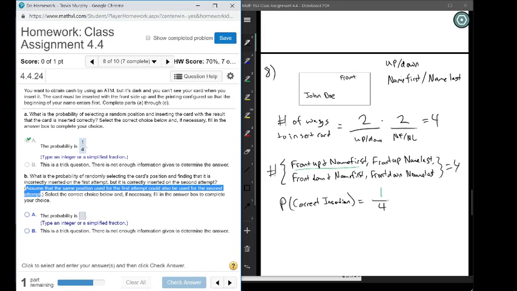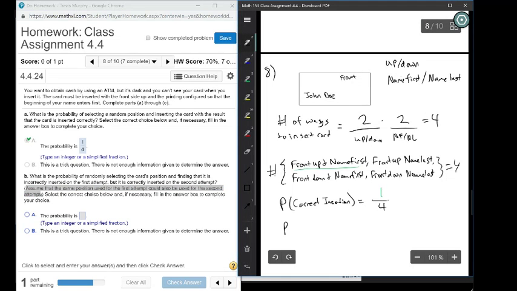So if you get it wrong on the first attempt, what is the probability of a not correct insertion? It's 1 minus the probability of a correct insertion, because they're complementary events. Either you insert the card correctly or you don't.